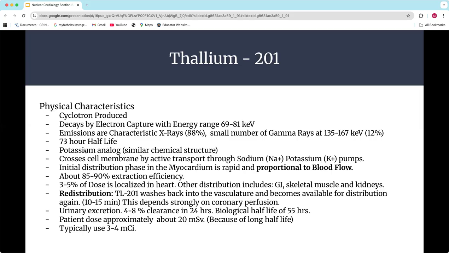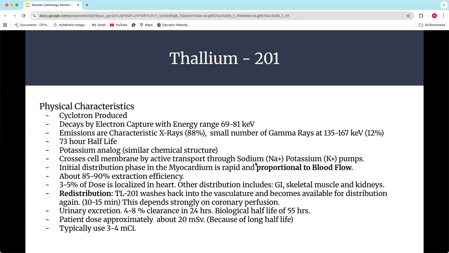It's a potassium analog, and so it crosses the cell membrane using the sodium potassium pumps. It's also distributed in the myocardium proportional to blood flow. I highlighted that. You're going to notice that with pretty much most of these imaging radiopharmaceuticals that we use for the heart. We need it to be proportional to blood flow, right? Because that's the thing that we're measuring.